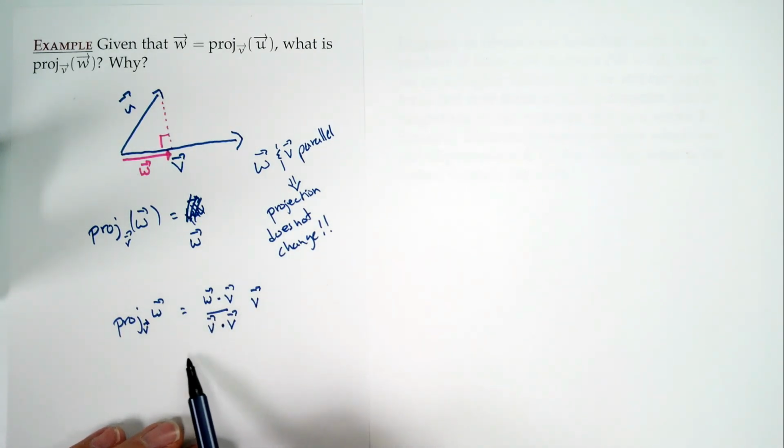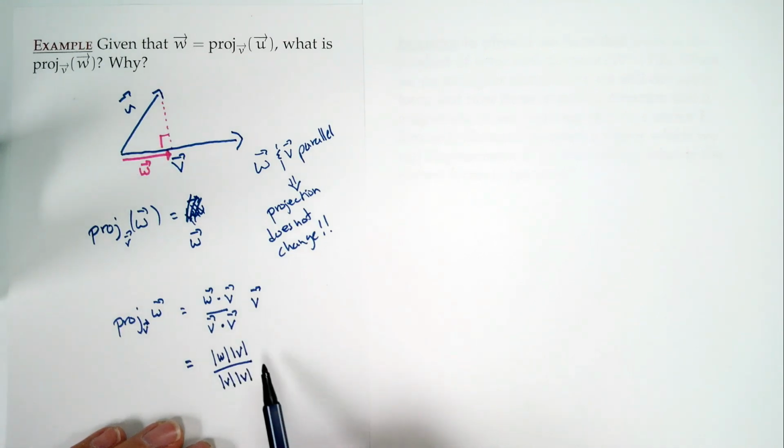So W dot V, since the angle is 0, is the magnitude of W times the magnitude of V. V dot V is the magnitude of V squared, times V. Those cancel. Now this is the magnitude of W times 1 over the magnitude of V times V.